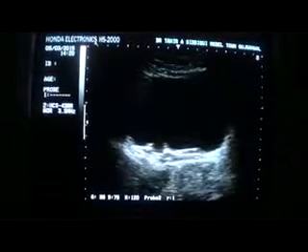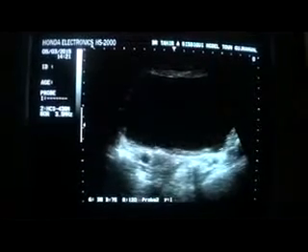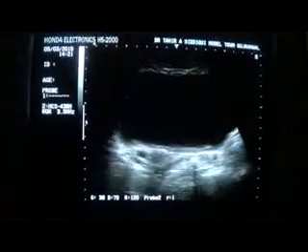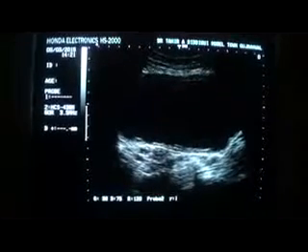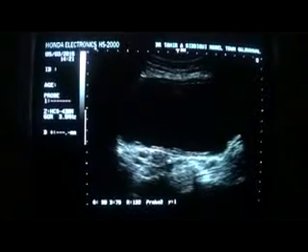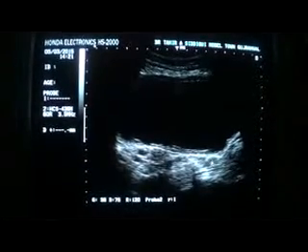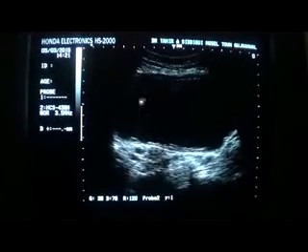Now this is the right side. This is the urinary bladder in transverse section first of all, and let me tell you that these two eyes that you are seeing, this small one and this is the second one, this is on the right side, this is on the left side. These are the dilated distal ureters, and this is the urinary bladder in transverse section.